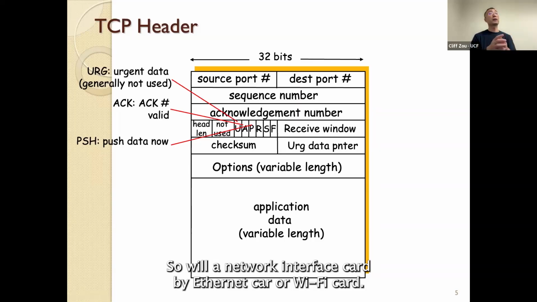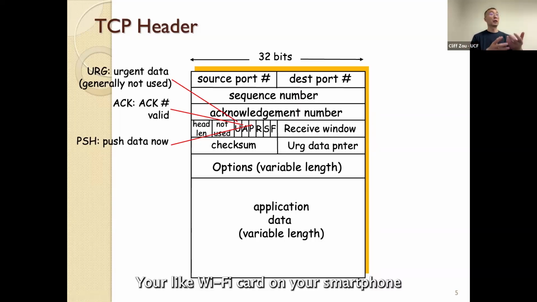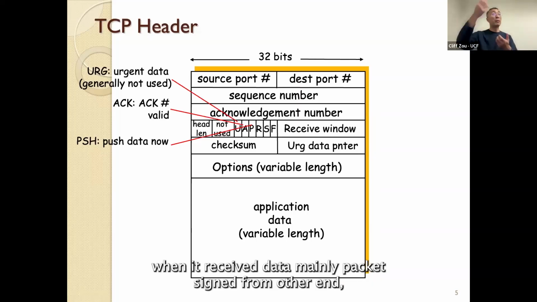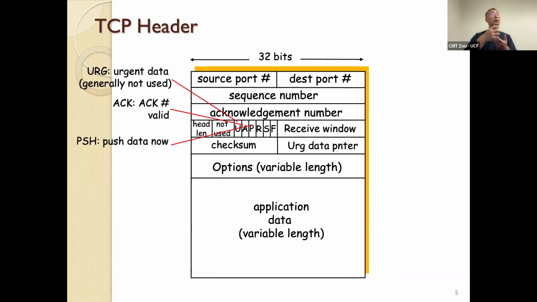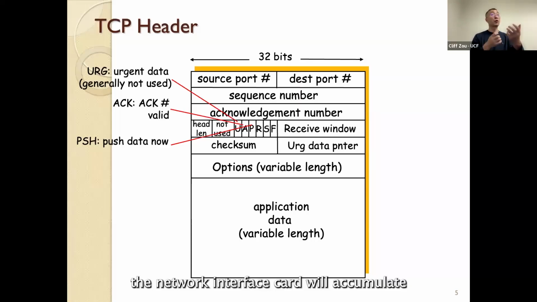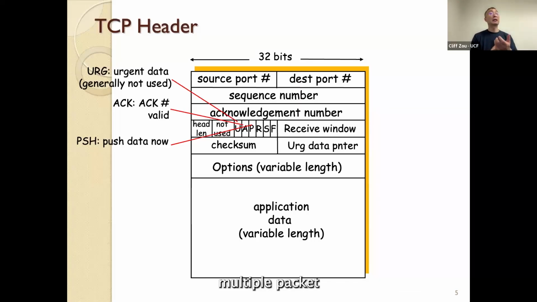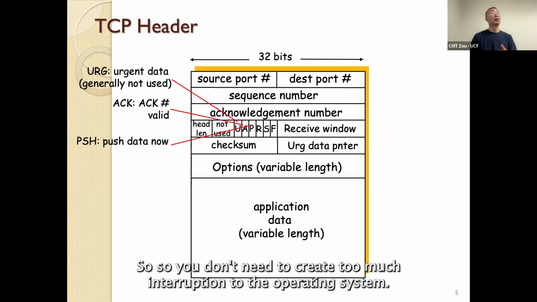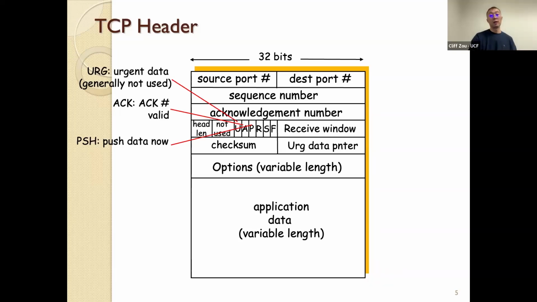So when a network interface card, like an Ethernet card or the Wi-Fi card on your smartphone, receives many packets sent from the other end, it will accumulate multiple packets, put them together and deliver them to the application in a batch. So you don't create too much interruption to the operating system.